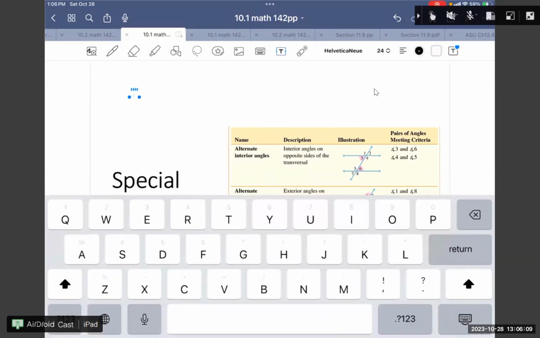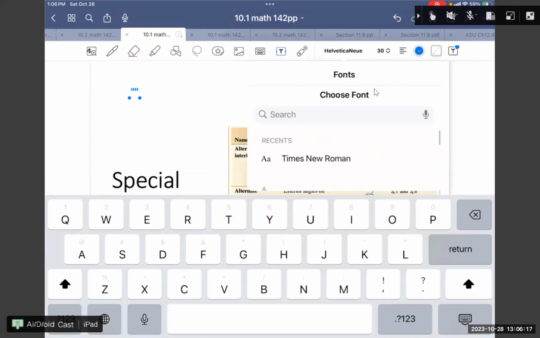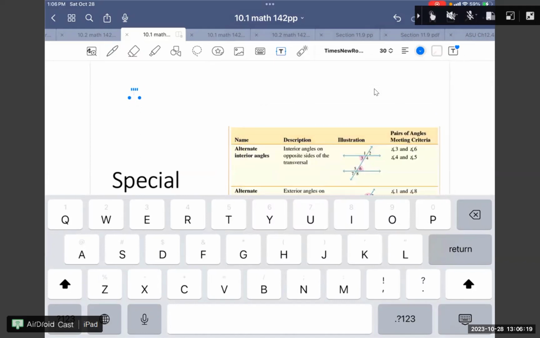I can type this in here. Let me write out the definition for a little bit.